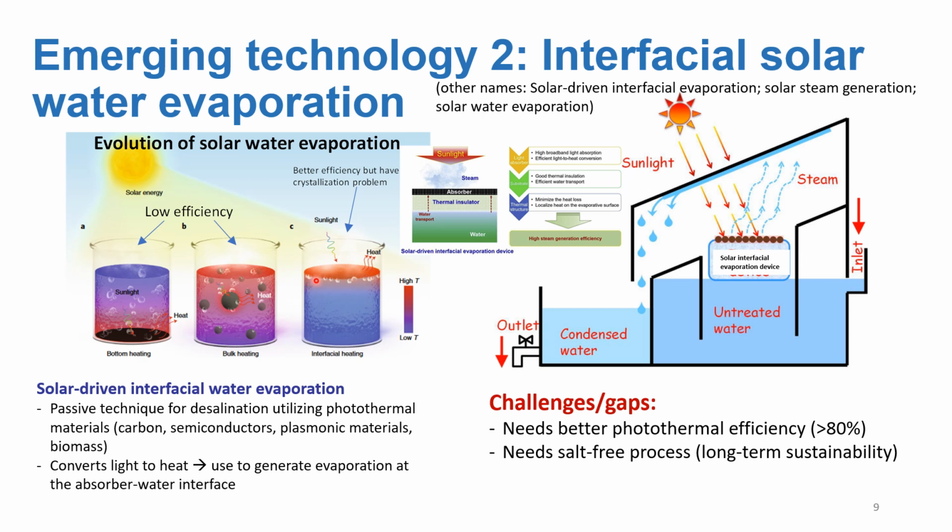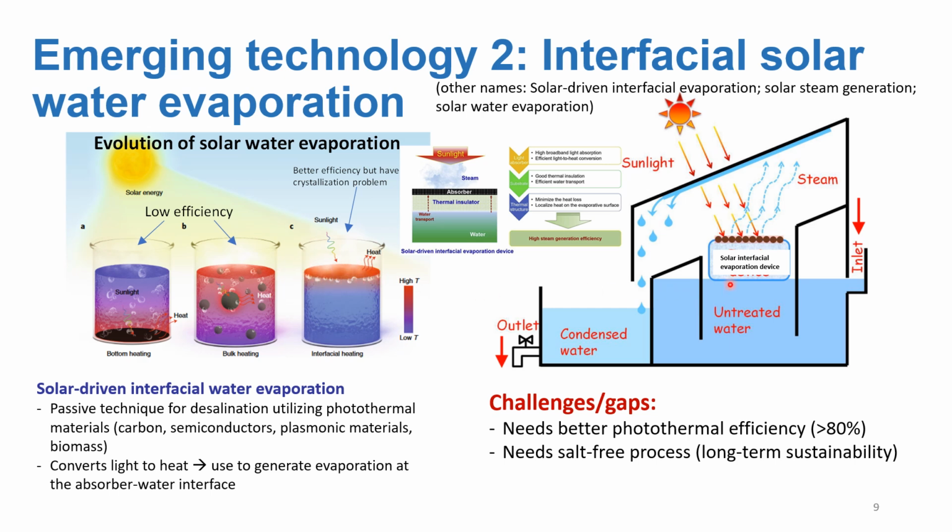And as you can see, there's a very thin interface of water and absorber here. So there is very high efficiency in terms of evaporation because it's only heating a thin layer of water at the interface of the system. So normally the design is a 2D structure that is just floated on top of the water.